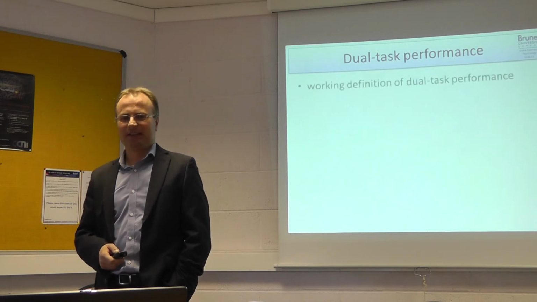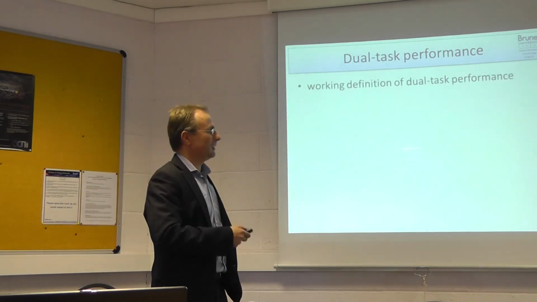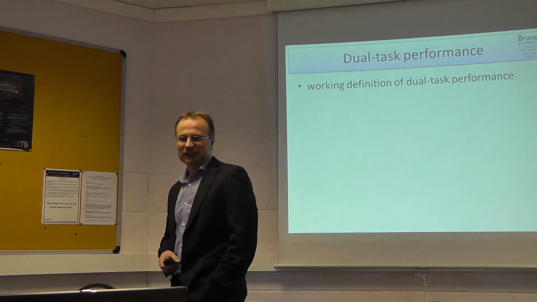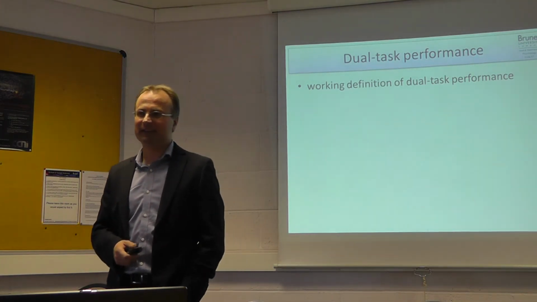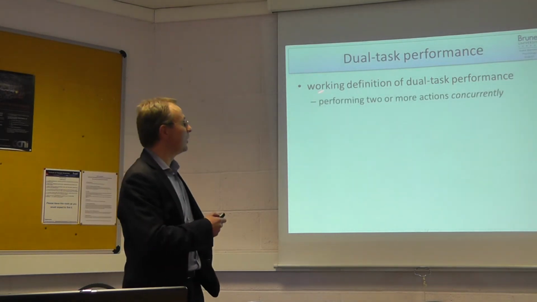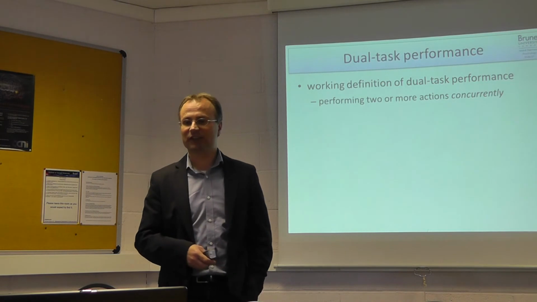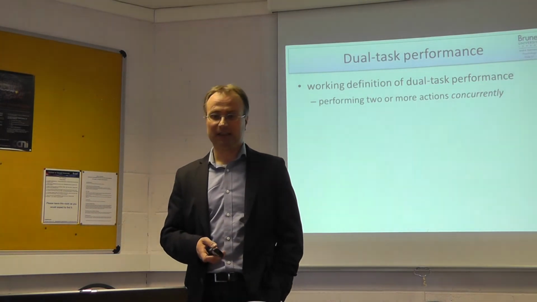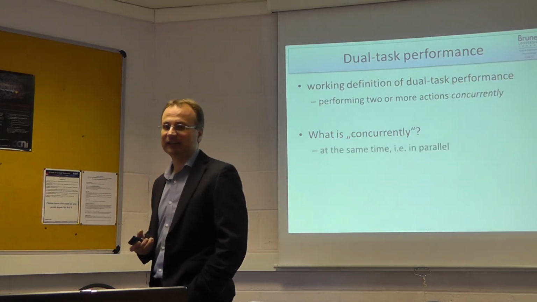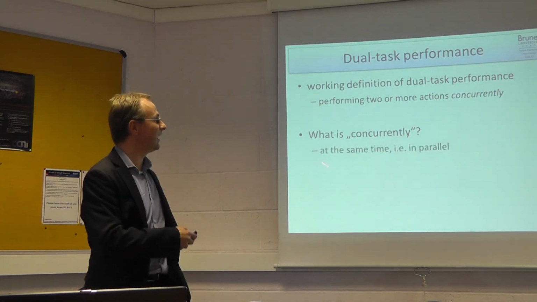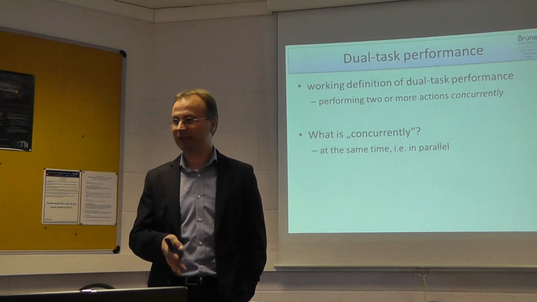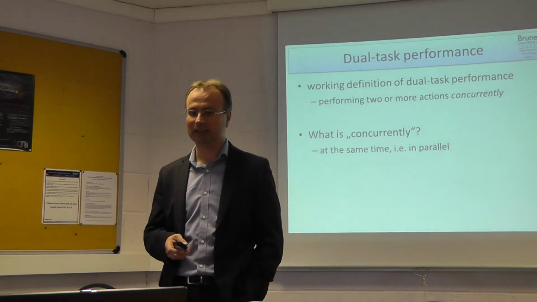Okay. To bring it back to a more cognitive side of things, let's say a working definition of dual task performance may be performing two or more actions concurrently. So what does concurrently mean exactly? In this context, I would like to define it as doing two things really at the same time, in parallel.